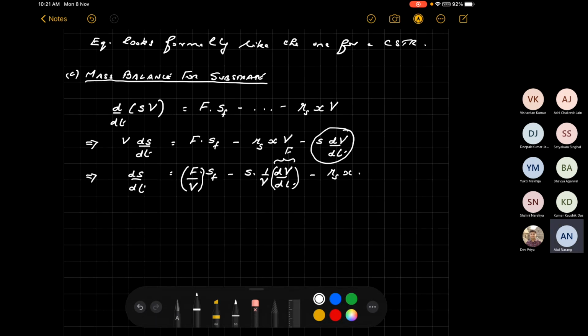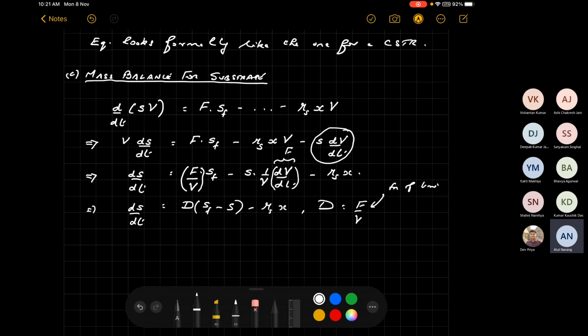Once again, I can write this equation as dS/dt equals D times (SF minus S) minus Rs times X, where D is nothing but F over V, but you have to remember that F is a function of time, it's not a constant, and that this quantity D is actually a measure of the volume expansion.